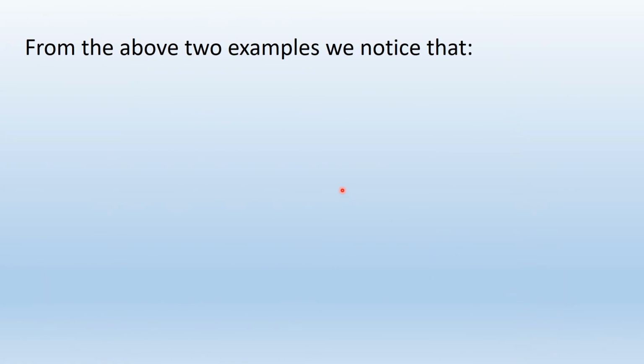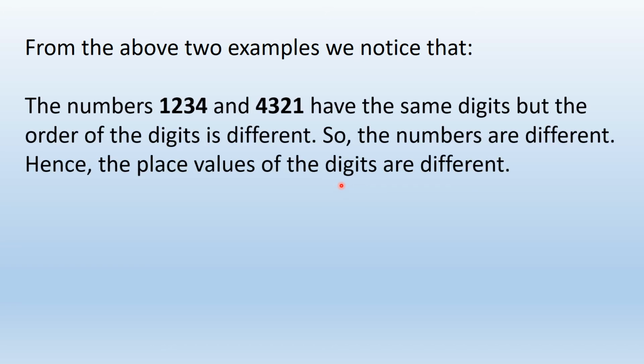From the above two examples, we notice that the numbers 1234 and 4321 have the same digits, but the order of the digits is different. So the numbers are different. Hence, the place values of the digits are different.